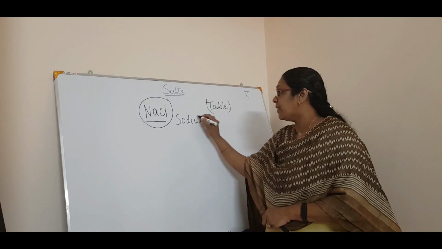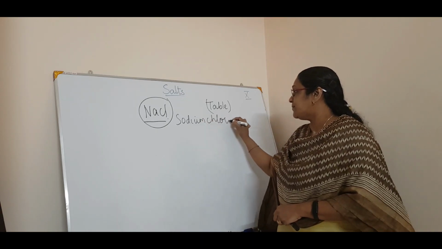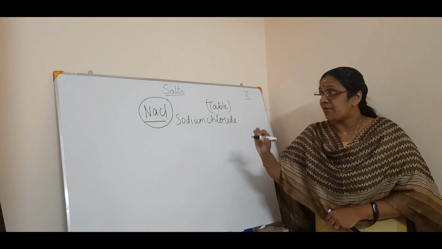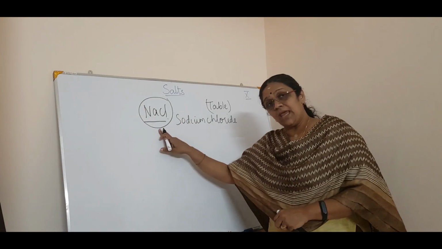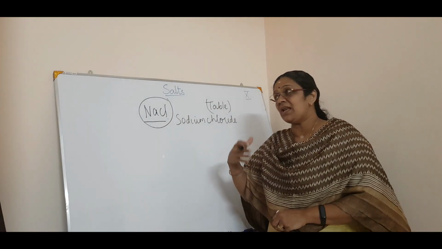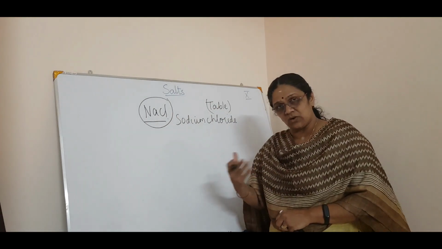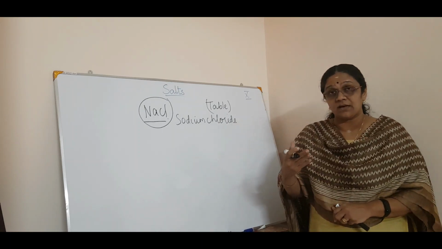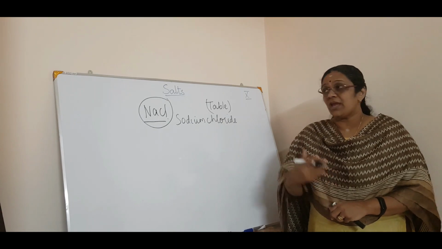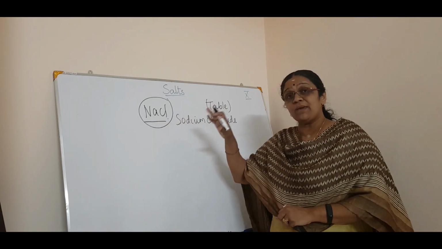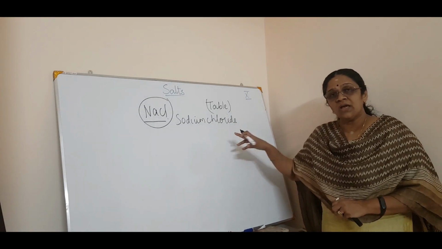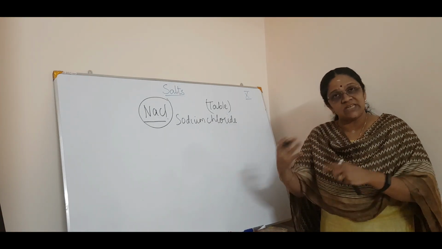So one more thing I want to say is, if a question asks you to write the chemical name of NaCl or the chemical name of common salt, you should not say common salt or table salt or rock salt. If the question says write the chemical name, you have to write the chemical name sodium chloride, not rock salt or common salt or table salt.